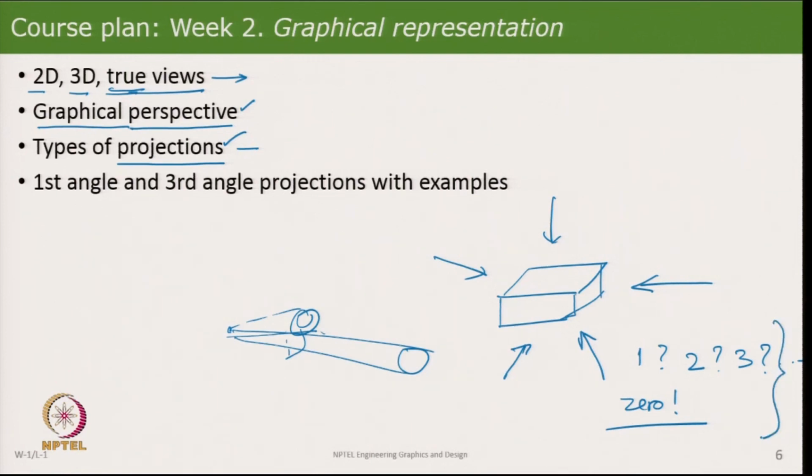So, this is what we have in this part, and then we will look at what engineers do, which is to look in particular at first angle and third angle projections with examples. So, that is week 2.